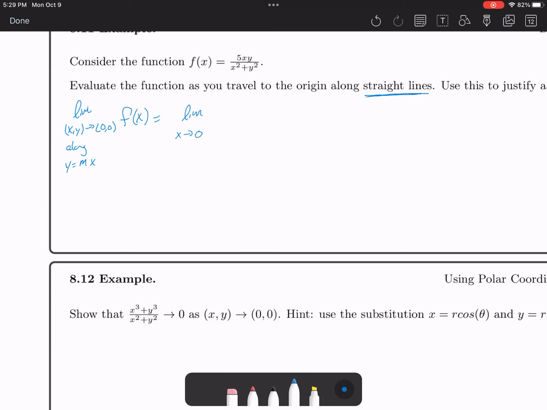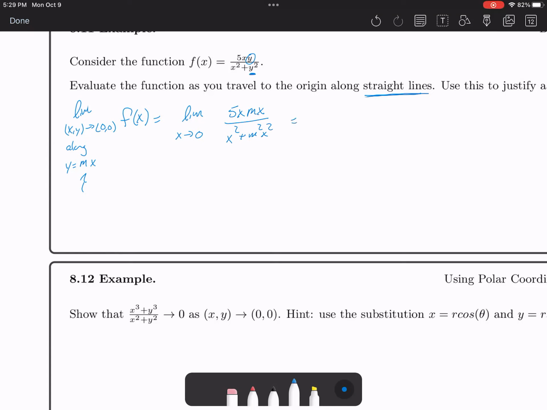So if I can replace my y's with mx, i.e. I'm traveling along this function along straight lines, then my function is going to be 5x times mx, right? Replacing that y with mx, over x squared plus m squared x squared, replacing that y with mx.